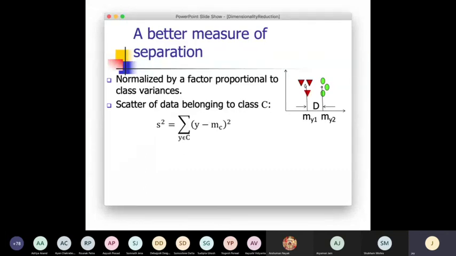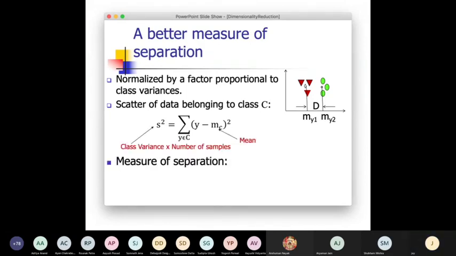So we are not averaging, we are simply happy with the sum of square of deviations, and that is what scatter is. Square of deviations from the mean, right? Okay. So you have scatter of class 1 and scatter of class 2. And if you add them, that is the total scatter, right?